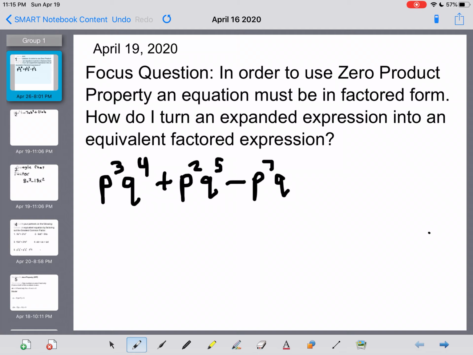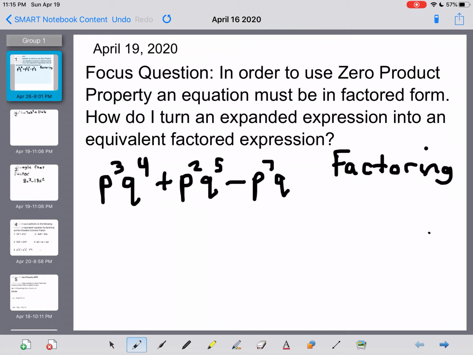So a couple things here. Remember when we talk about factoring, it's the opposite of expanding. So when we expand, we distribute. When we're factoring, we're dividing out a common factor from each of our terms.